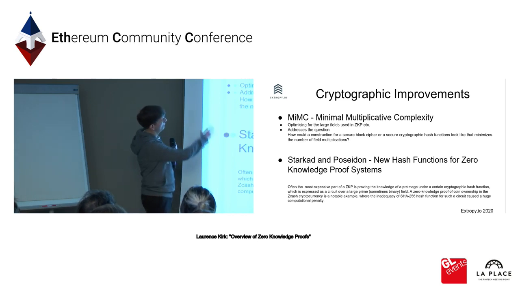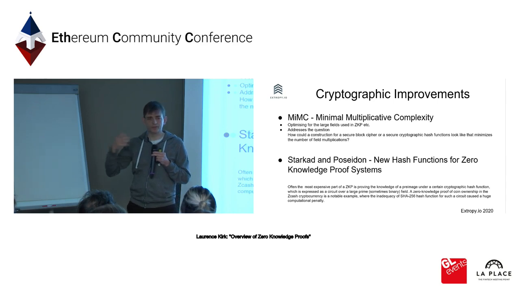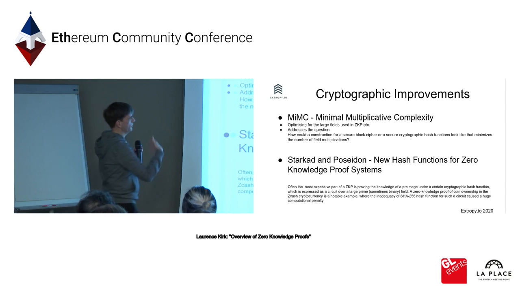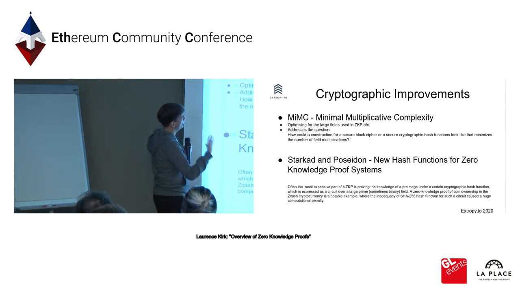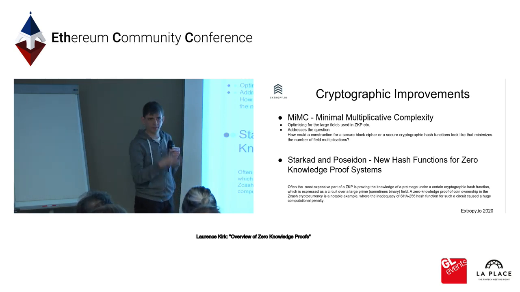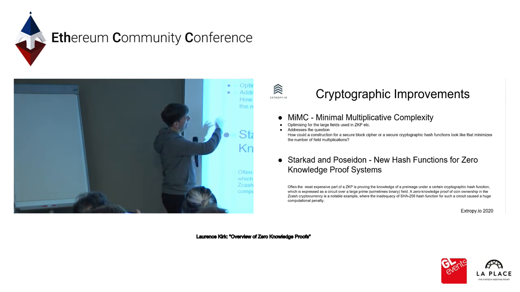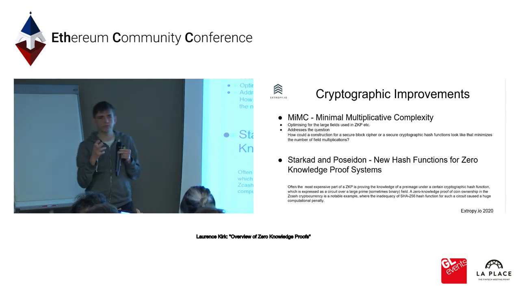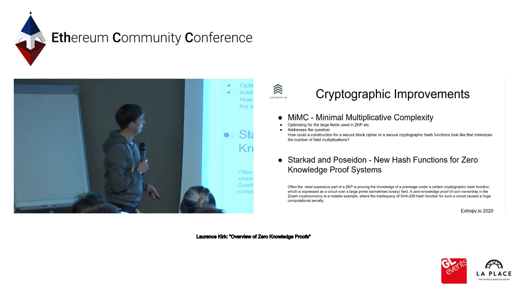MiMC in particular looks at the fact that when we are doing zero-knowledge proofs and cryptography, we're using large finite fields, and the computation needs to expect that. So they're trying to minimize the amount of multiplication needed, rather than working bitwise on small fields.